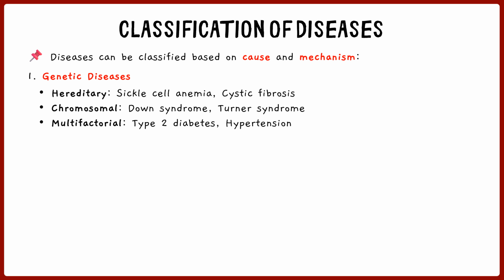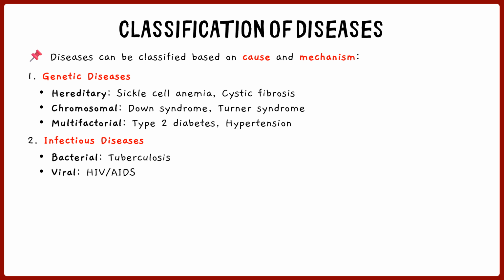But because there's a lot of genetic factors, we do include it into genetic diseases, like type 2 diabetes and hypertension. Next, we can have the infectious diseases, like bacterial, TB; viral, like HIV/AIDS; parasitic, like malaria.